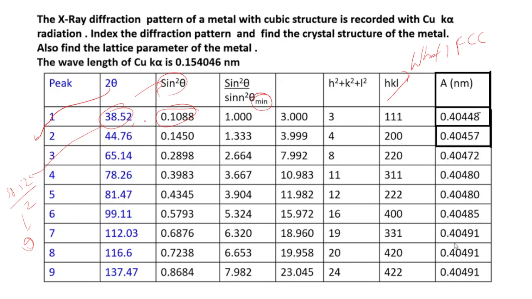The minimum value is the first peak. In our case it is this one. This is our theta minimum. So we take sine square theta by sine square theta min, for finding the first value.